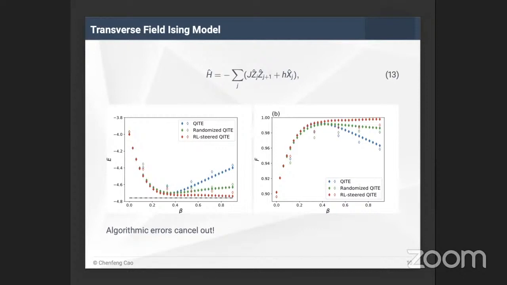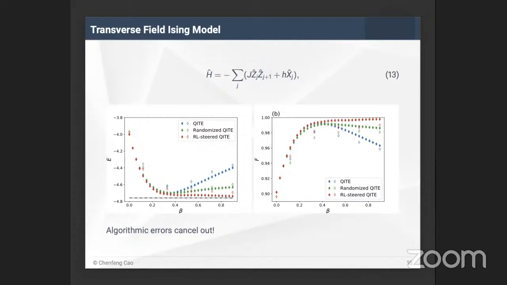We do numerical simulation and also do experiments. Here, filled diamonds represent the numerical results, and unfilled diamonds represent the experimental results. They are consistent. And with the increase of beta, the imaginary time evolution target state approaches the ground state. Therefore, the obtained energy of all paths decreases in the beginning.